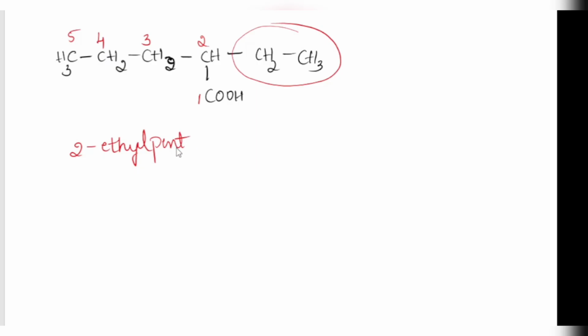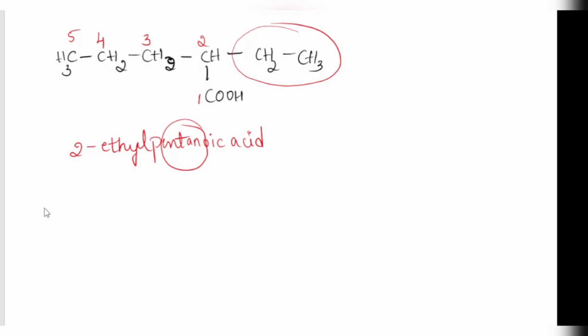Then what is the functional group present over here? That is carboxylic acid. For carboxylic acid we will use the suffix oic acid, that is pentanoic acid.